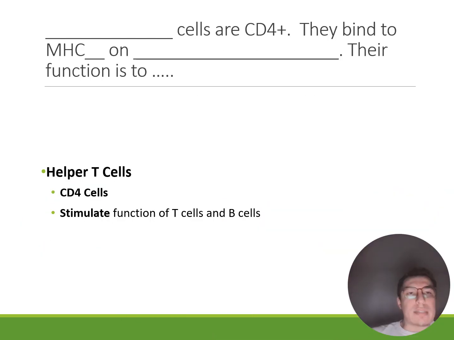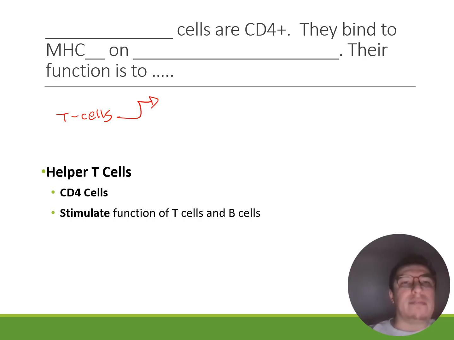Next question is, blank cells are CD4+. They bind to MHC blank on blank. Their function is to, here we're talking about the anatomical name or the name related to helper T cells. We're going to go ahead and write it out. We have different T cells.